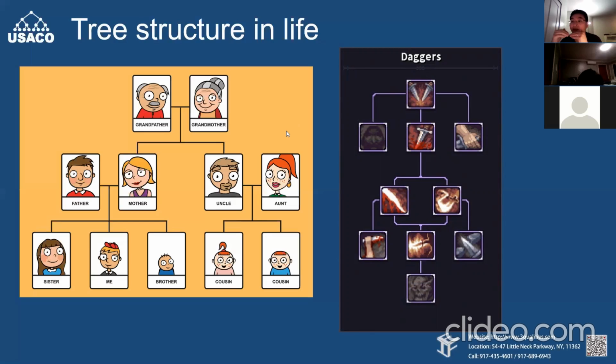Based on the level you are, you can expand the skills or the equipment you can buy or own. Such things we also call a tree, because it has the root, and the root can expand to different child nodes, and a child node can expand to another generation of child nodes. So from the top it expands downwards. That's another example of the tree structure.